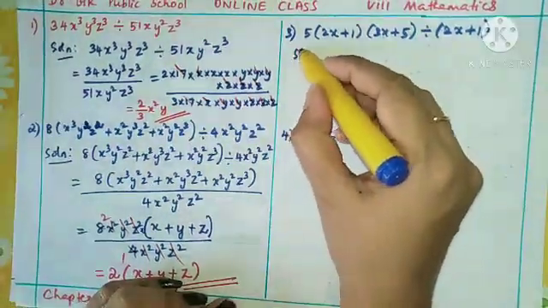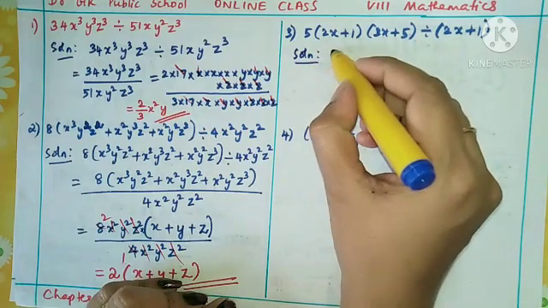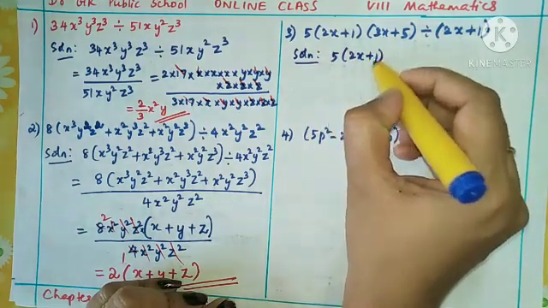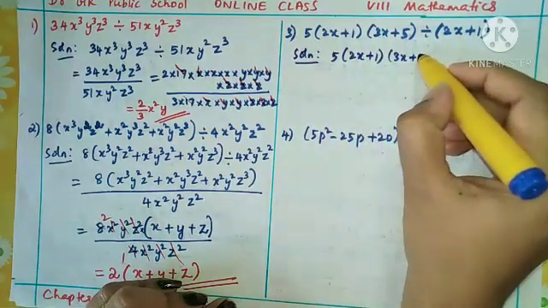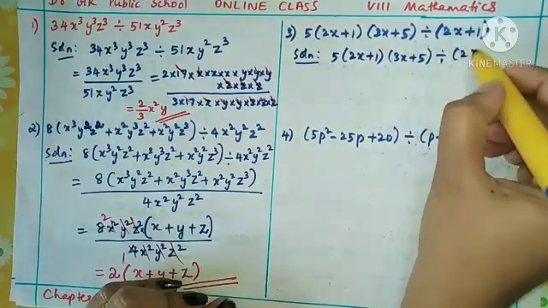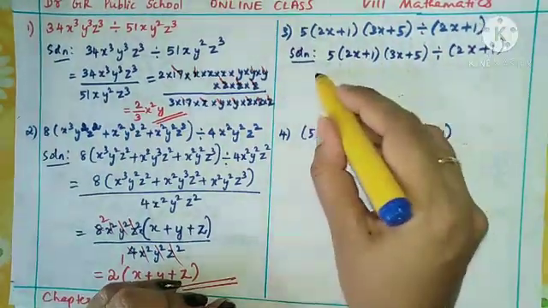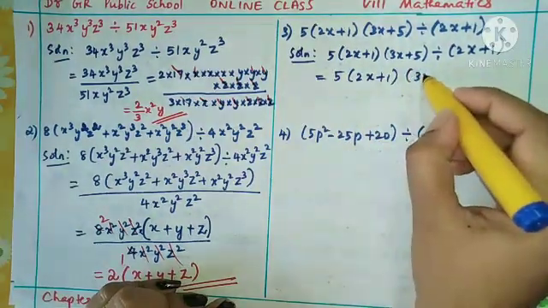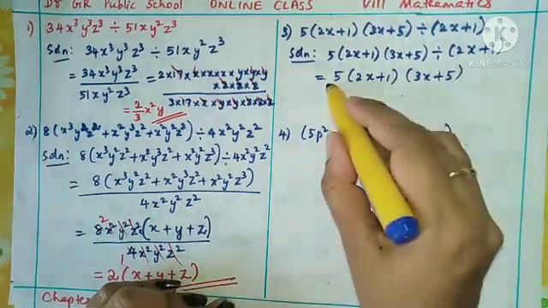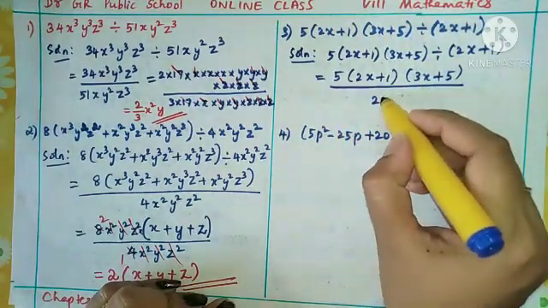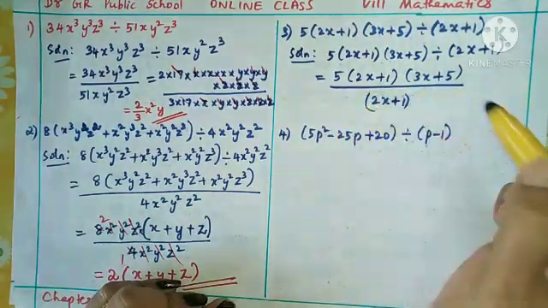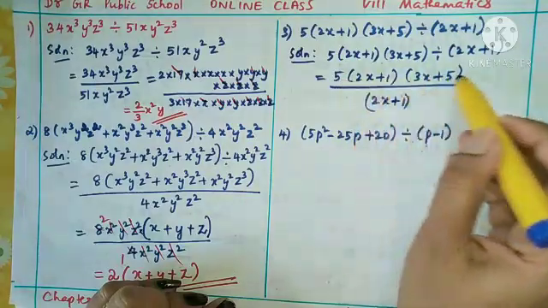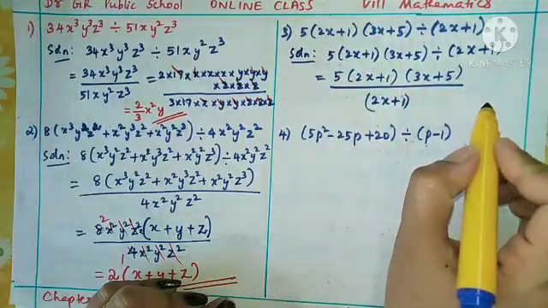So just we want to do the cancellation method. So how to write the solution? First write the question once. 5 into 2x plus 1 into 3x plus 5 divided by 2x plus 1, that is equal to 5 into 2x plus 1 into 3x plus 5, the whole divided by 2x plus 1. Now you see that because already they are in product of factors, no need to open the bracket.